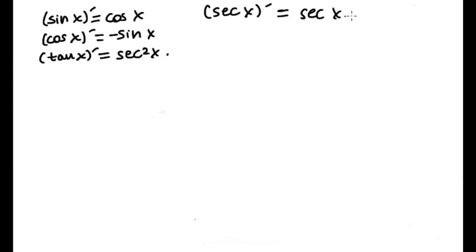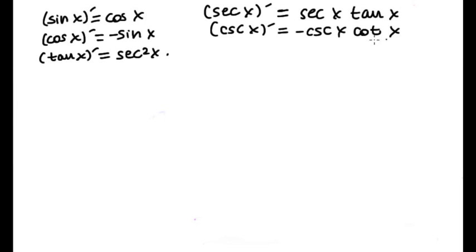That's secant x times tan of x. The derivative of cosecant of x is negative cosecant x cotangent of x. Speaking of cotangent, the derivative of cotangent of x is going to be equal to negative cosecant squared x. So those are your derivatives of your traditional trig functions.